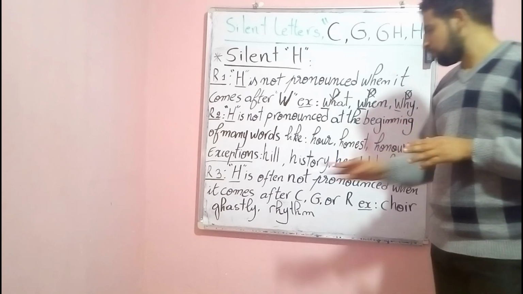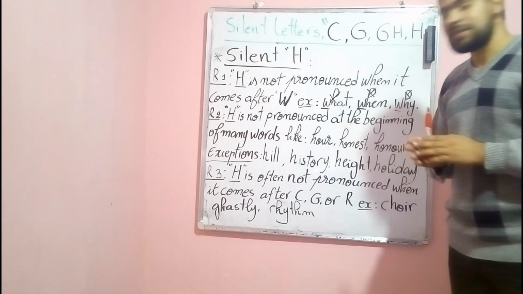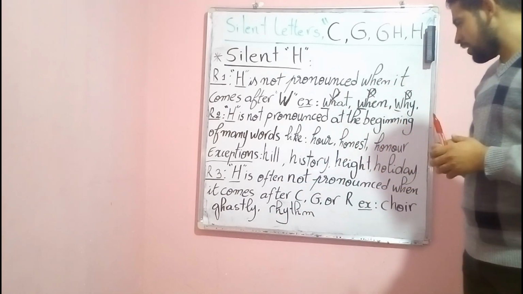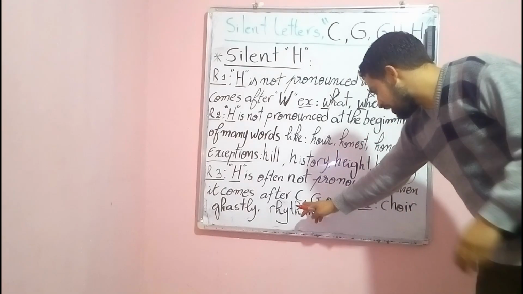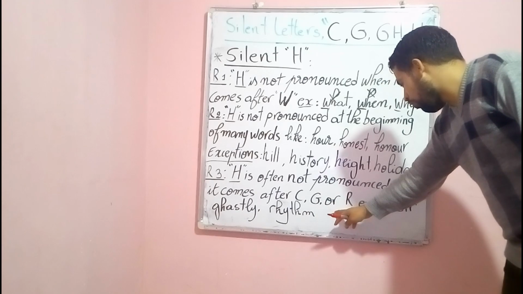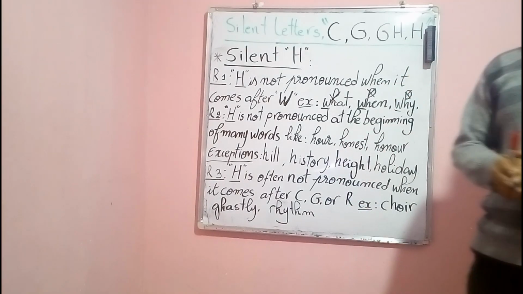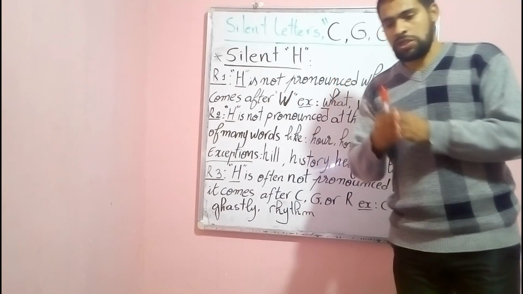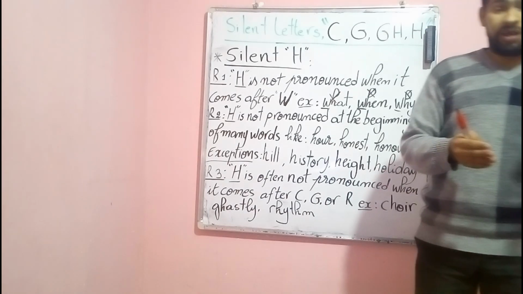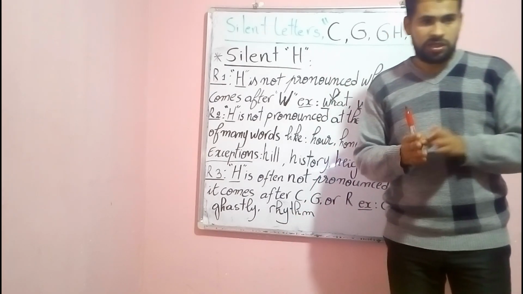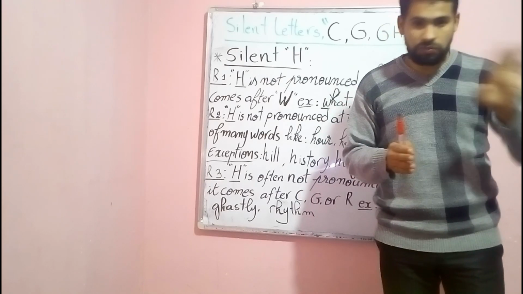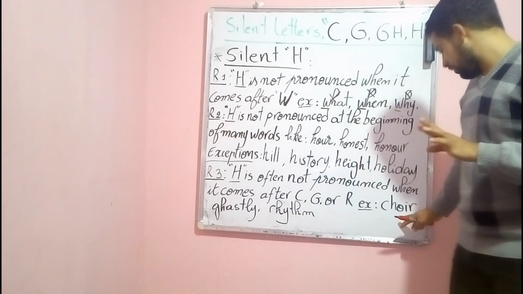So H is often, I didn't say always, not pronounced when it comes after C, G, or R. I repeat, when the sound H comes after C or G or R, often we do not pronounce it, like the examples here.